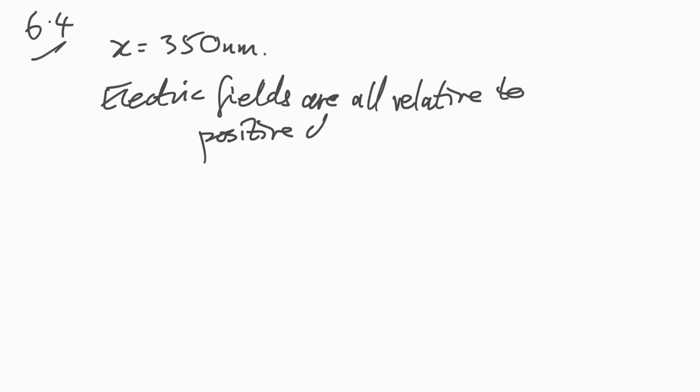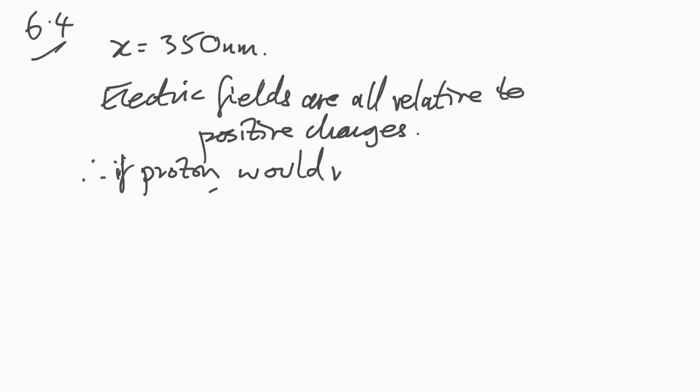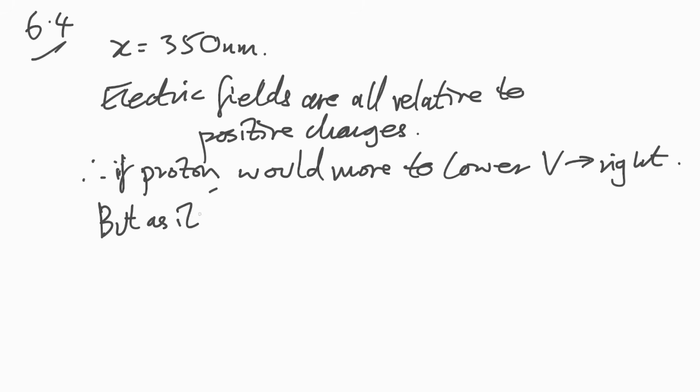That's what we think about. Therefore, a proton would move to a lower potential, and so that would be to the right. So if you think about it, at, say, 550 nanometers, there would be a negative charge there pulling the proton along. But as it's an electron, it would move in the opposite direction.